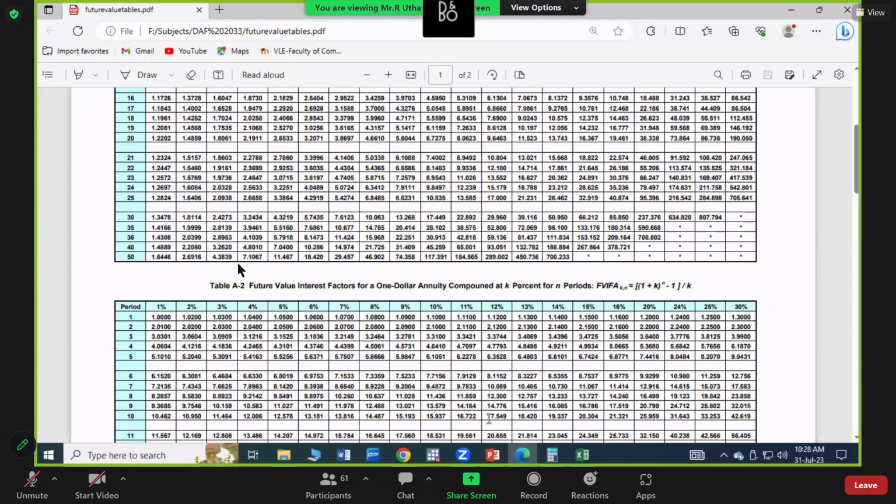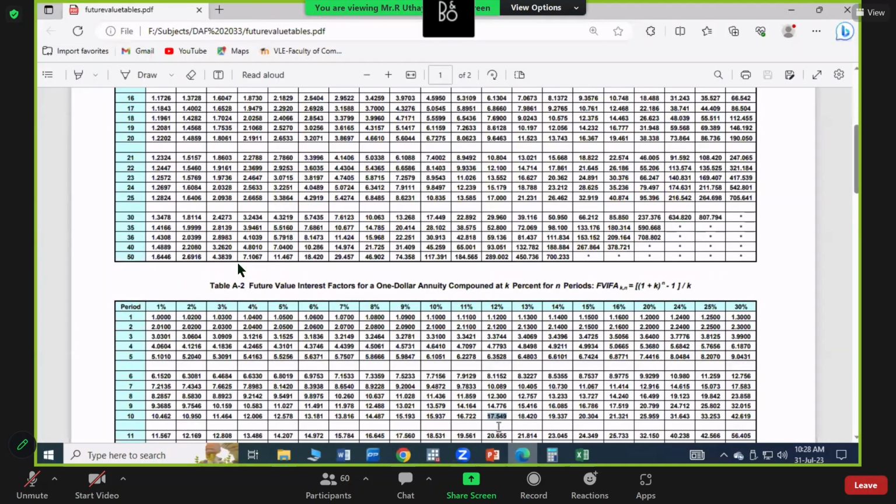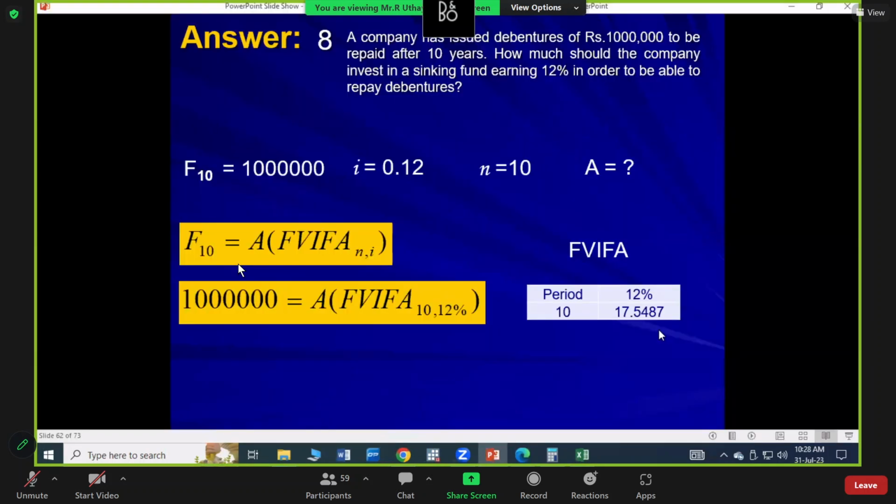So you can observe that it's 17.549, that is 17.5487.